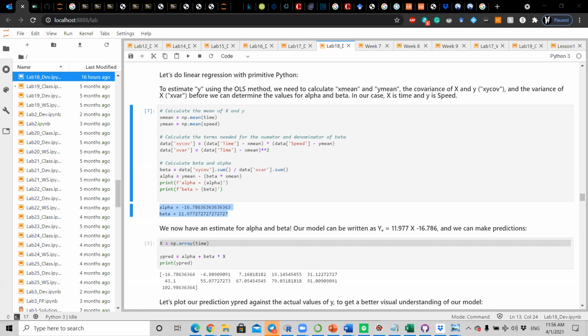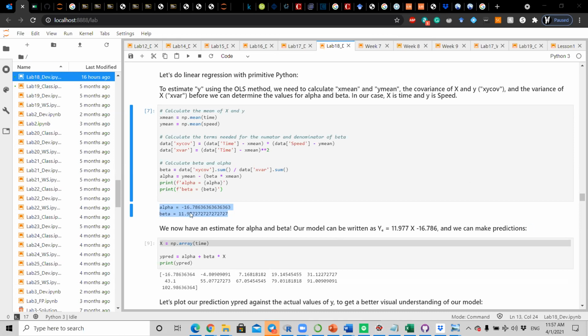Based on the information that you had, there are certain checks that you can do very briefly, very quickly, and just visually. If you had got a negative slope at this point, it should have been a red flag. There was definitely something wrong in the code, because you just looked at Pearson's R and you saw, okay, there's a strong positive relationship between time and speed. Why am I getting a negative slope? Okay, thank you very much.